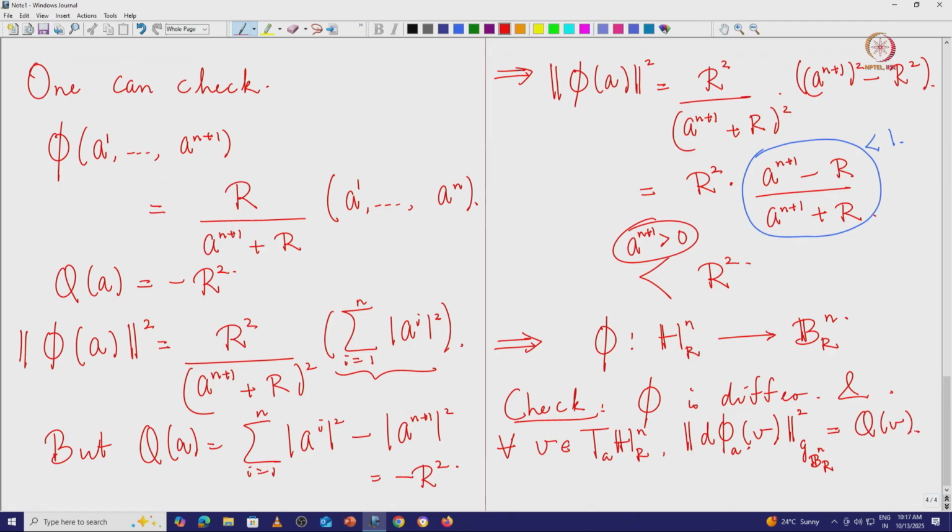Okay. But this quadratic form evaluated at V is precisely the norm of V squared with respect to the hyperbolic metric.